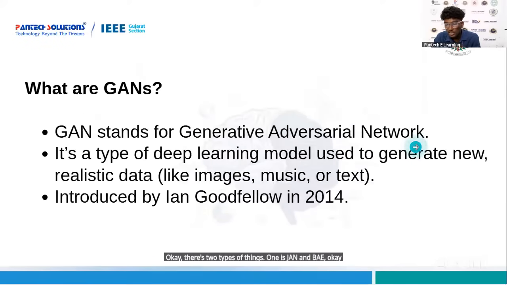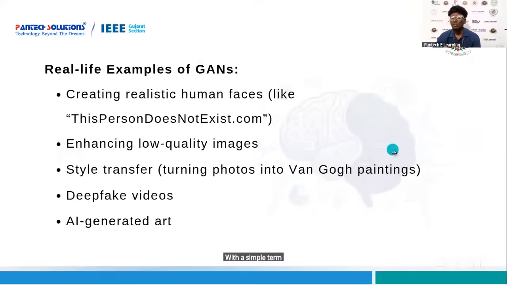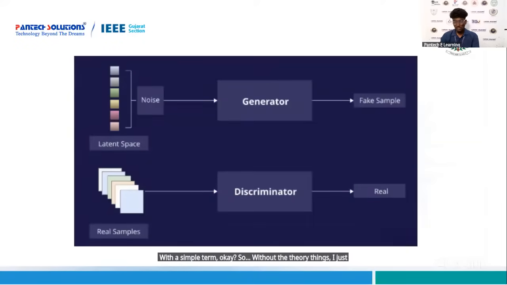Okay, so I will explain GAN in simple terms, without the theory. I'll just show this image. Here we have two main concepts: one is the generator and the other is the discriminator. Generator means something that generates, so it can generate a new thing.